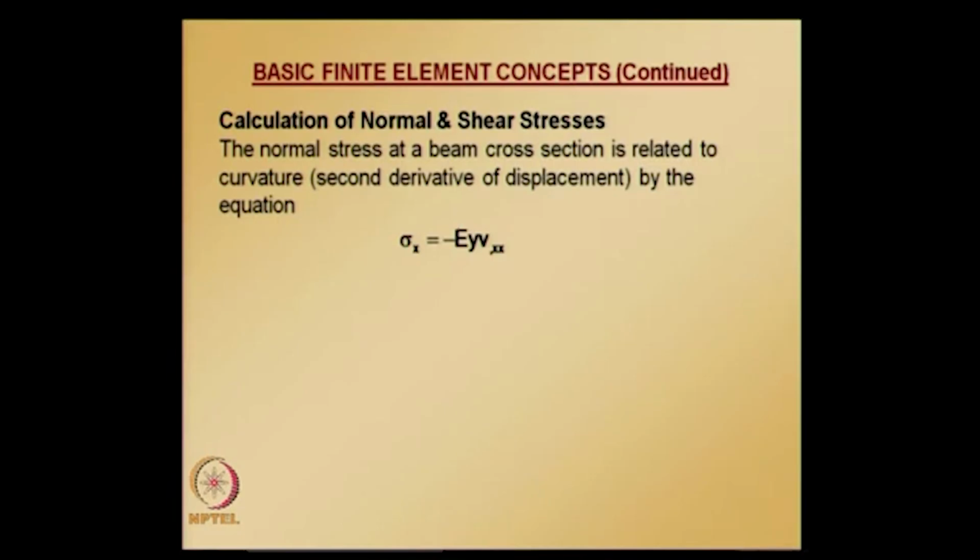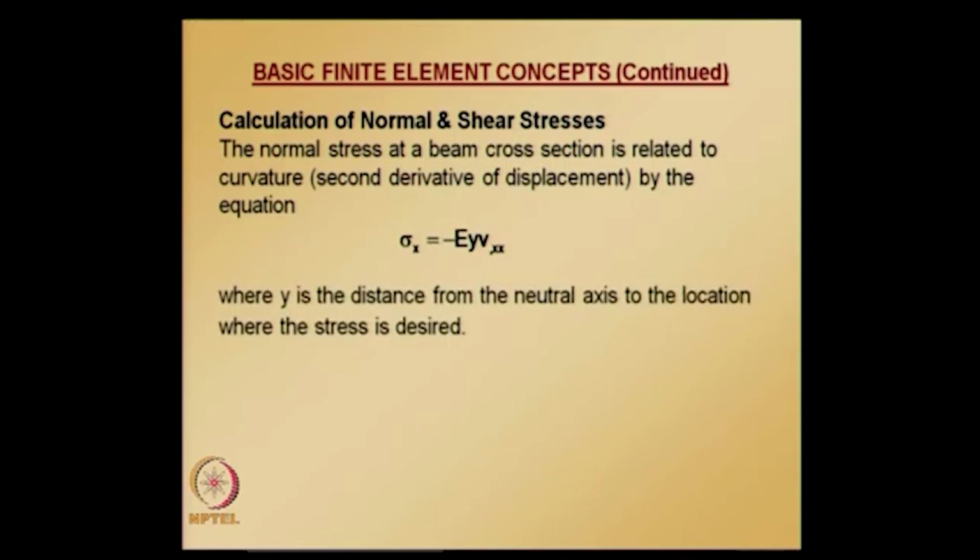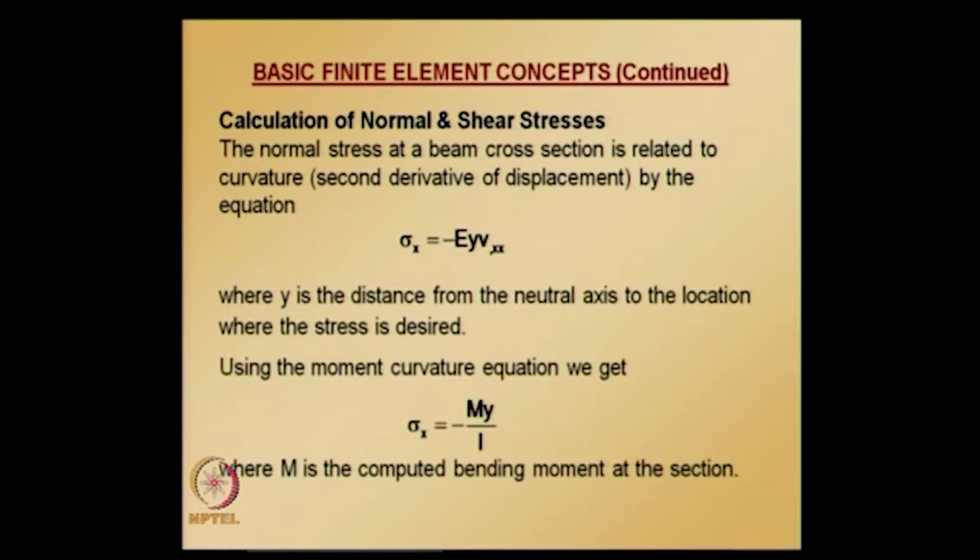And now we also know the relationship between bending moment and curvature: M is equal to E I times the second derivative of transverse displacement with respect to x. So, we can relate this stress to the bending moment using the moment curvature equation.